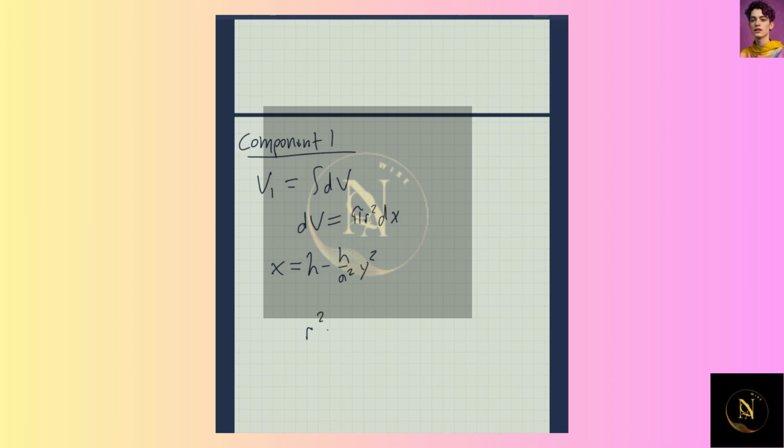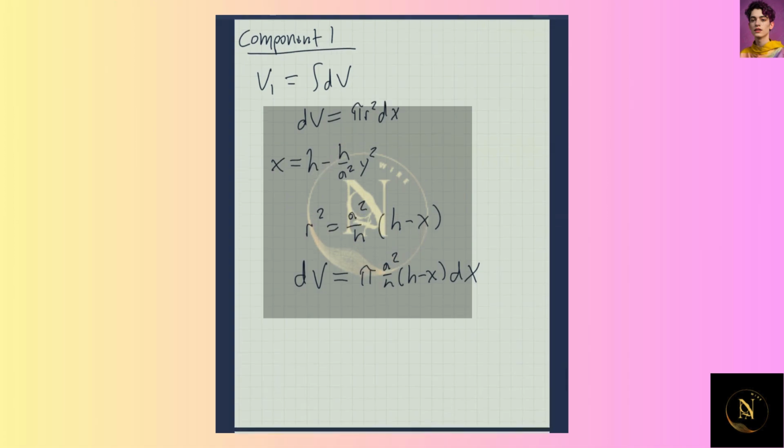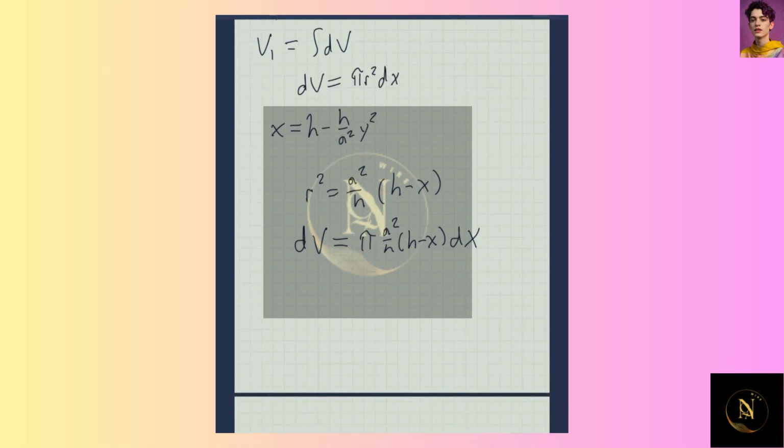And plugging in r for y, because the radius is along the y-axis, we see that r squared is equal to a squared over h times h minus x. And so plugging that back into dv for the radius squared, we have that it's equal to pi times a squared over h times h minus x dx.